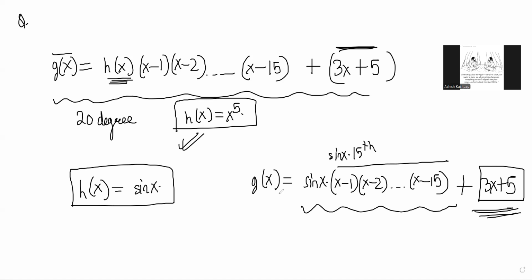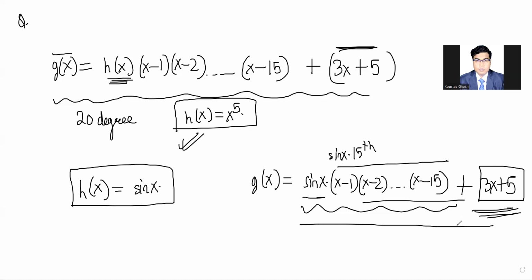So, do you understand that this is still differentiable? The whole function is still differentiable because sin x is continuous and differentiable. But do you think this is a polynomial? If you put sin x inside, it doesn't become a polynomial now, no?